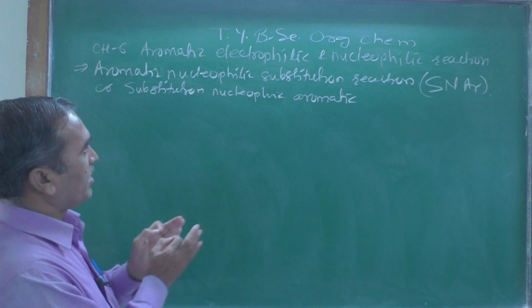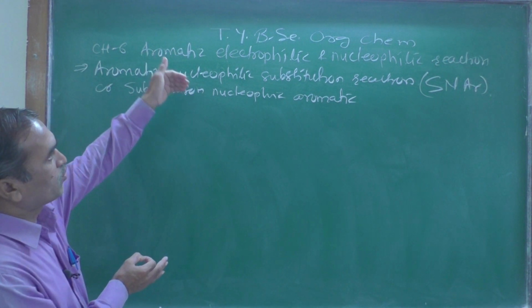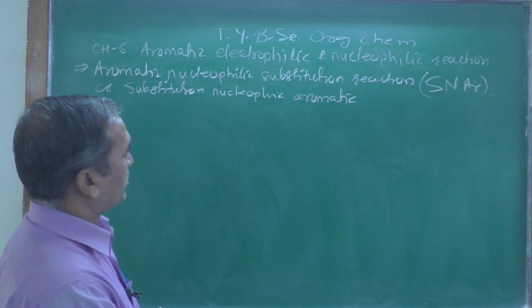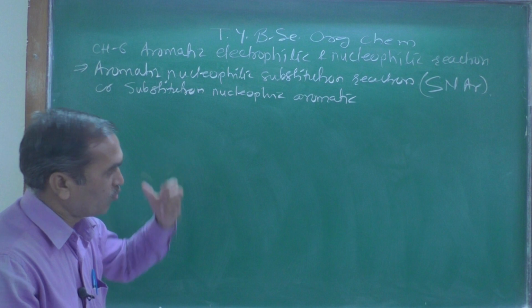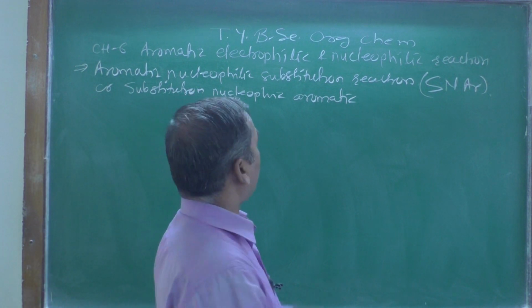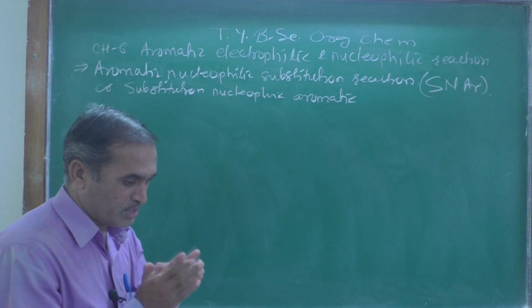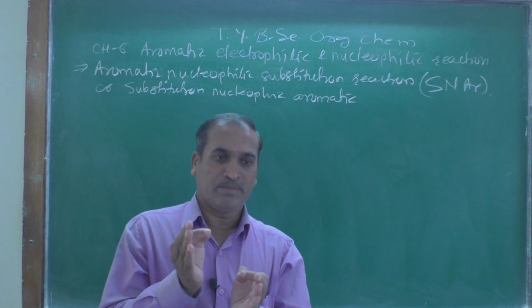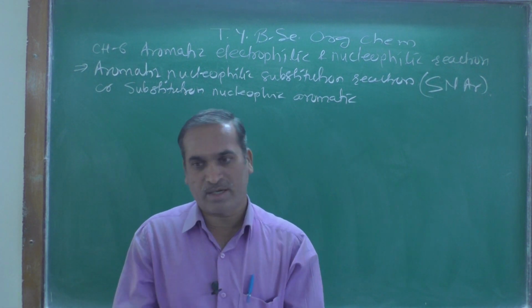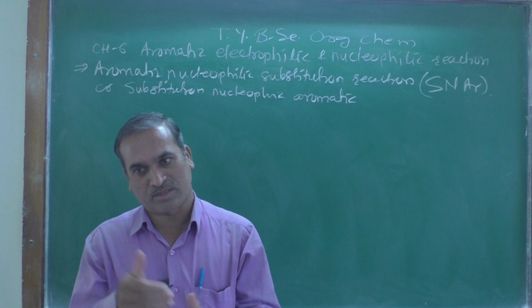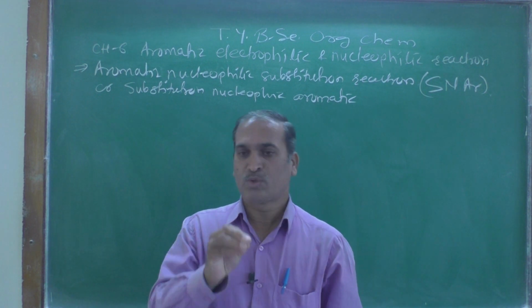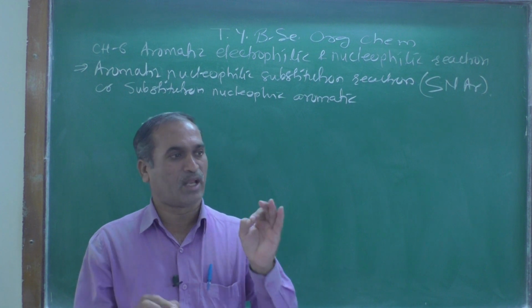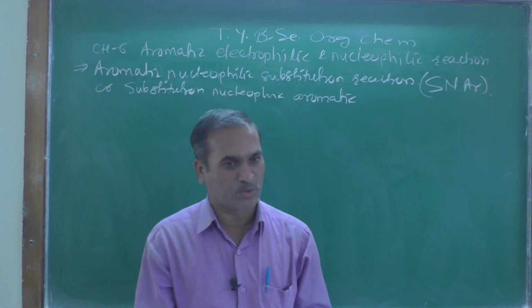So this is the heading, the aromatic nucleophilic substitution reaction, or we can call it substitution nucleophilic aromatic. As we know, when we started chapter number 6, the name given to this chapter is aromatic electrophilic and nucleophilic substitution.